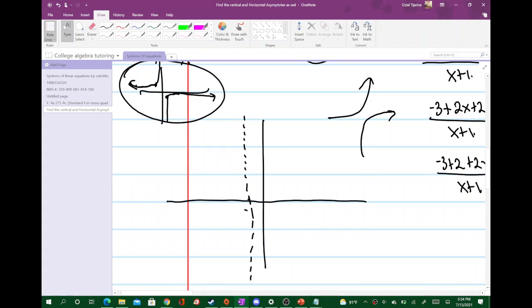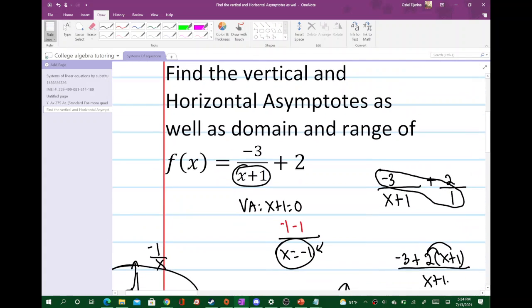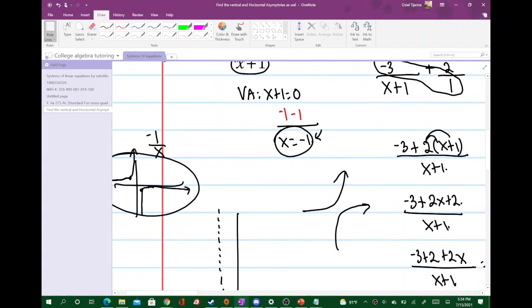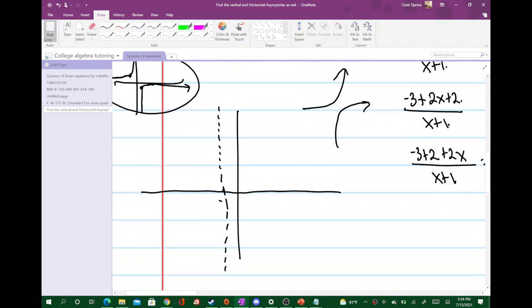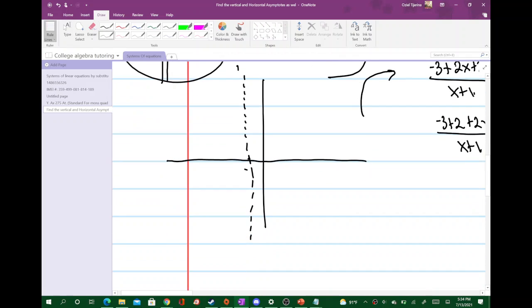And so for the domain of the graph, the vertical asymptote is x equals -1. This is the vertical asymptote here, right?